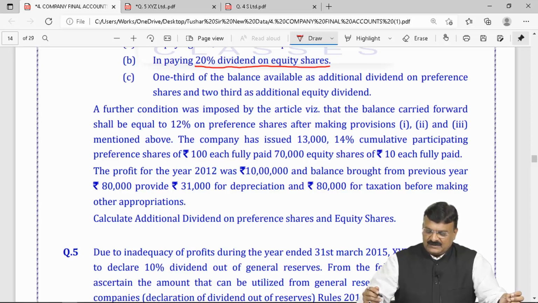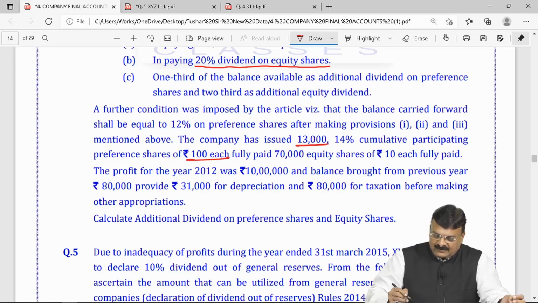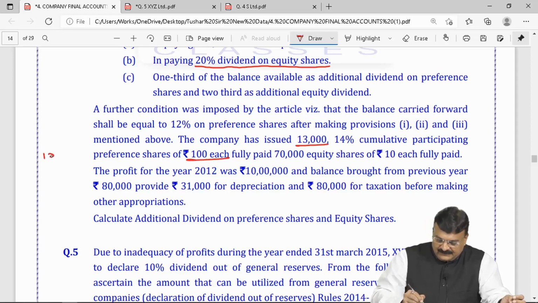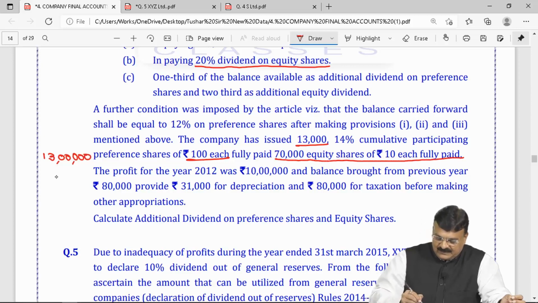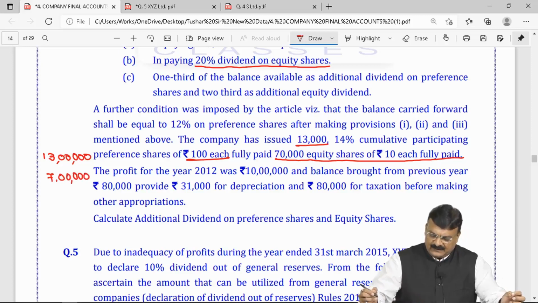The company has issued 13,000 14% participating preference shares of 100 each. That means our preference share capital is rupees 13 lakhs. 70,000 equity shares of 10 each fully paid. That means our equity share capital is 7 lakhs.